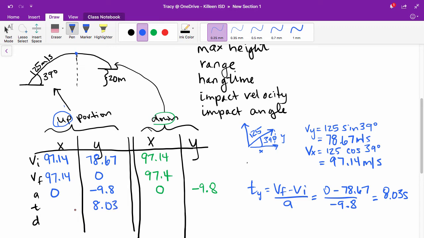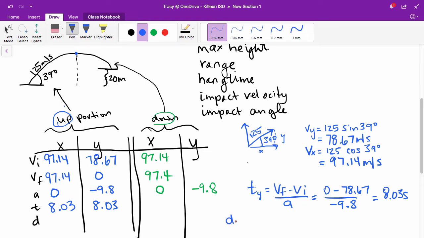Time is the same for both sides here. We're going to want the max height. We're also going to need the range.